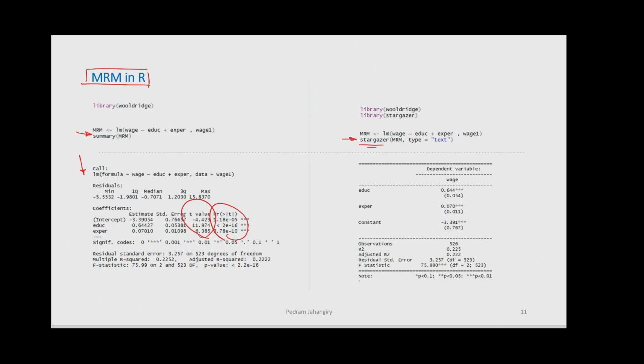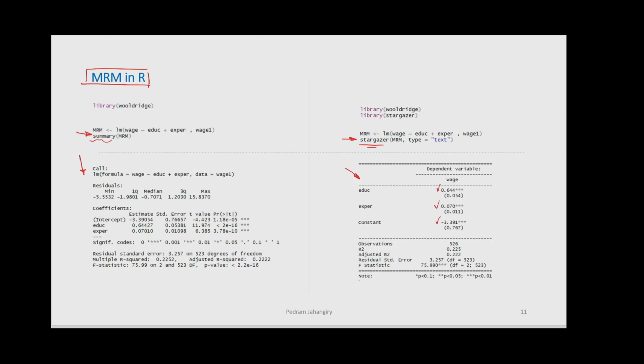If you want to explicitly look at the t-values and p-values, the summary output is better. If you want just a nice table, without explicitly telling you what is t and what is p-value, use the other table. So again, this is our beta hat 1, beta hat 2, and beta hat 0.